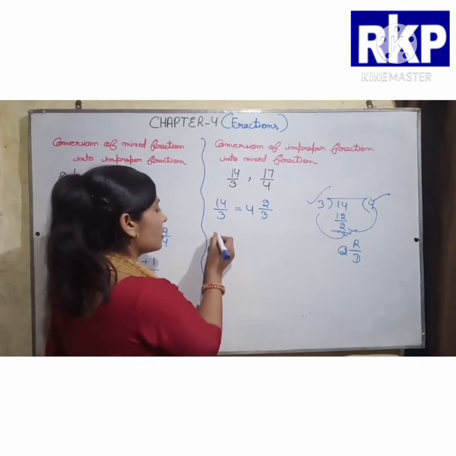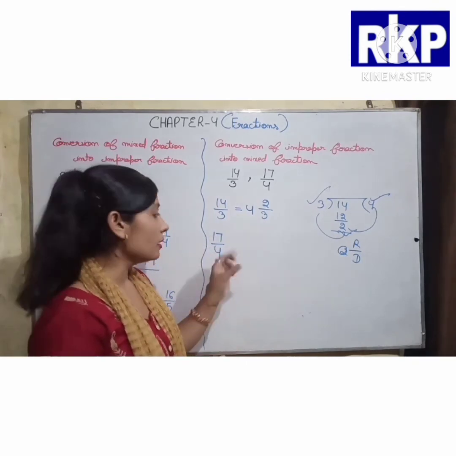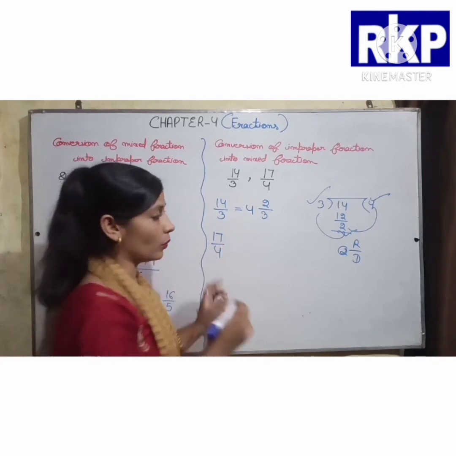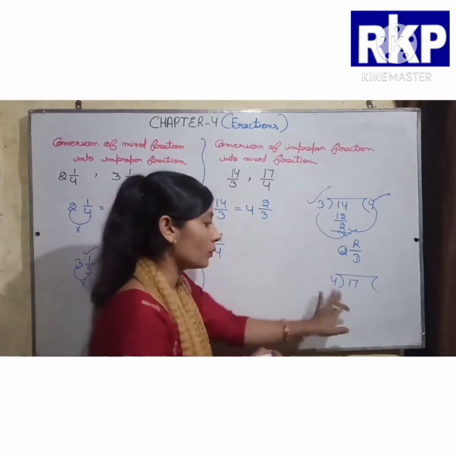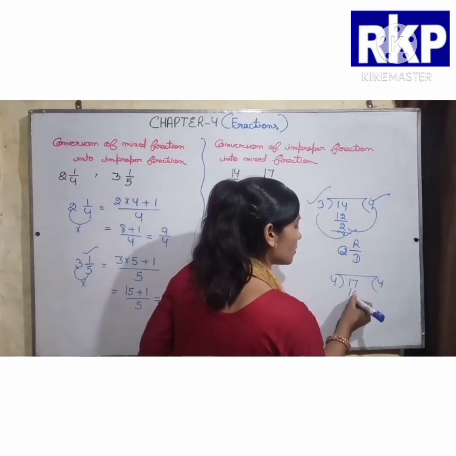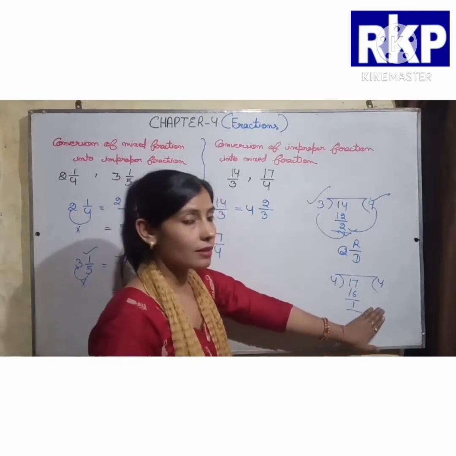Here we have 17 by 4. In this also we need to divide 17 by 4. 4 4s are 16 and 1 will be our remainder. So what is the answer?